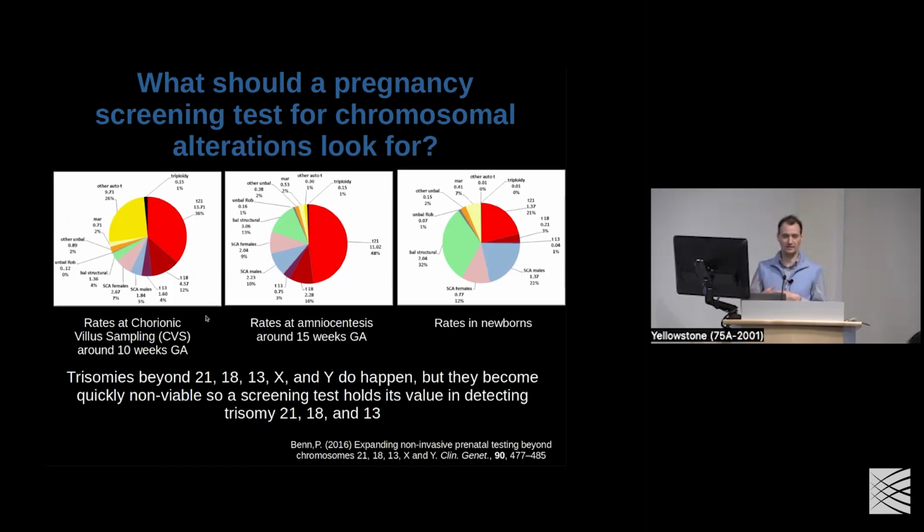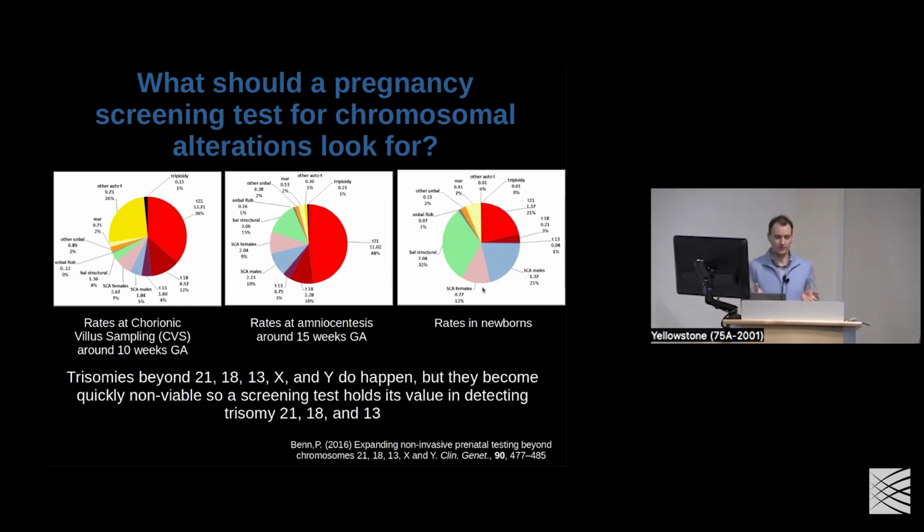As you progress in the pregnancy, you don't find those anymore. They end up in fetal demise and miscarriages, and then they don't get found in the second trimester and in newborns. By the end of the pregnancy, you only find the things that are viable, or you can say compatible with life. So when you restrict to newborns with chromosome alterations, you find a lot of trisomy 21, trisomy 13, trisomy 18, and SCA, which stands here for sex chromosome alteration, and some other things.